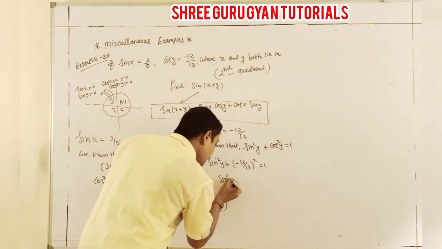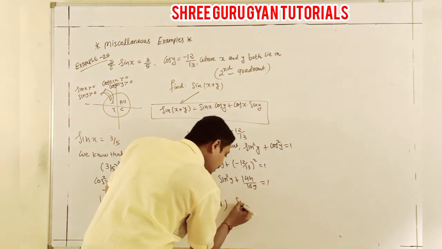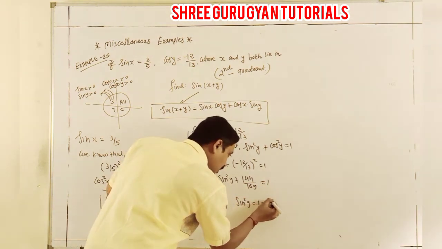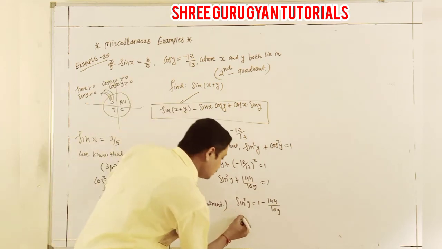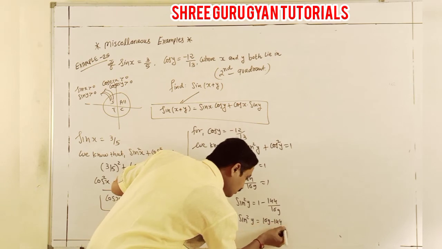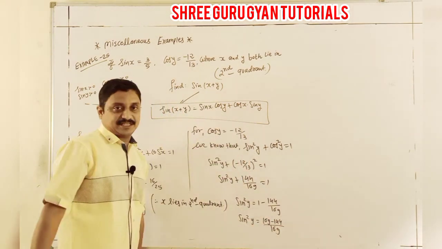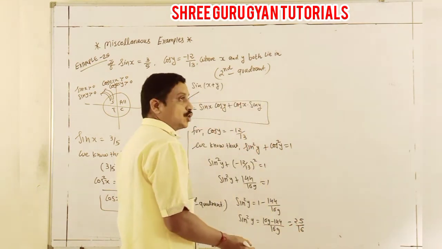Sin square y is 144 by 169, and finally, students, 1 minus 144 by 169. Subtraction: sin square y is (169 minus 144) by 169, which is 25 by 169. So what do you get?